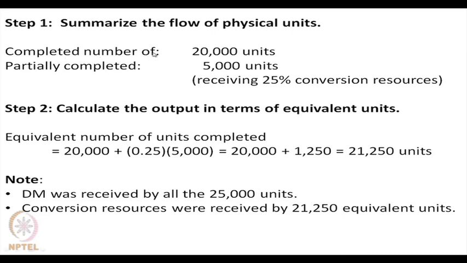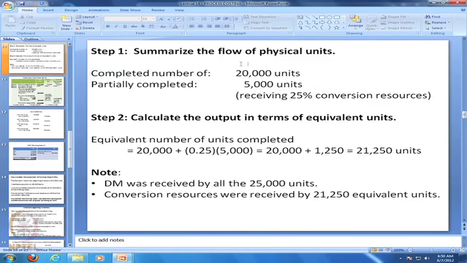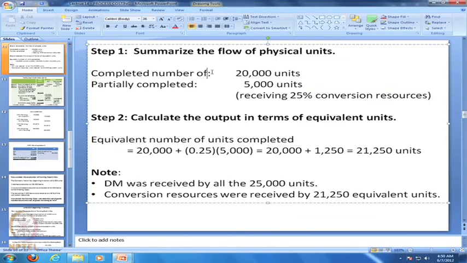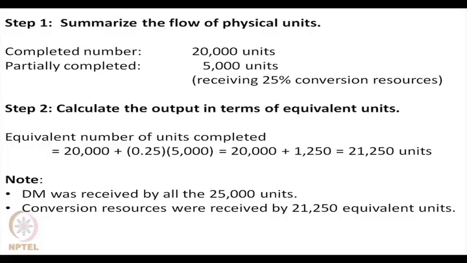The completed number of toys in the forming department, this is all about forming department, is 20,000 units. And partially completed units are 5,000, totaling 25,000 for which the work started, but these 5,000 units have received on an average 25% of the conversion resources.